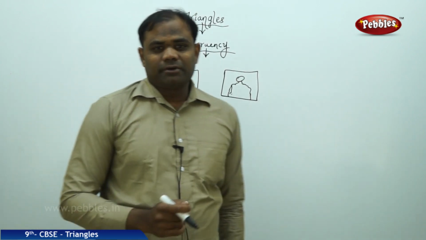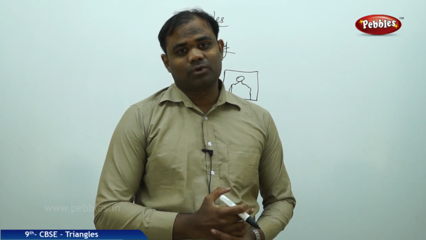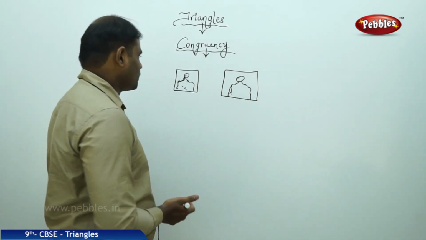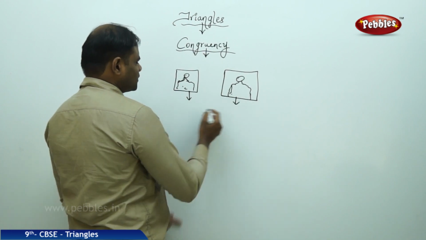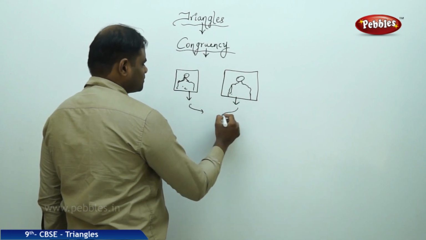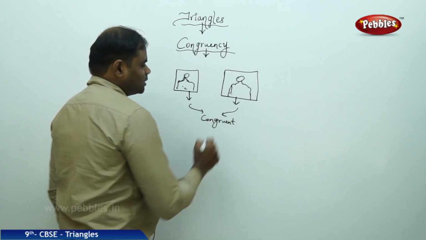When I take the pictures immediately, I see that both are quite similar. Therefore, I say the pictures clicked immediately one after the other are said to be congruent because they are exactly the same as each other.